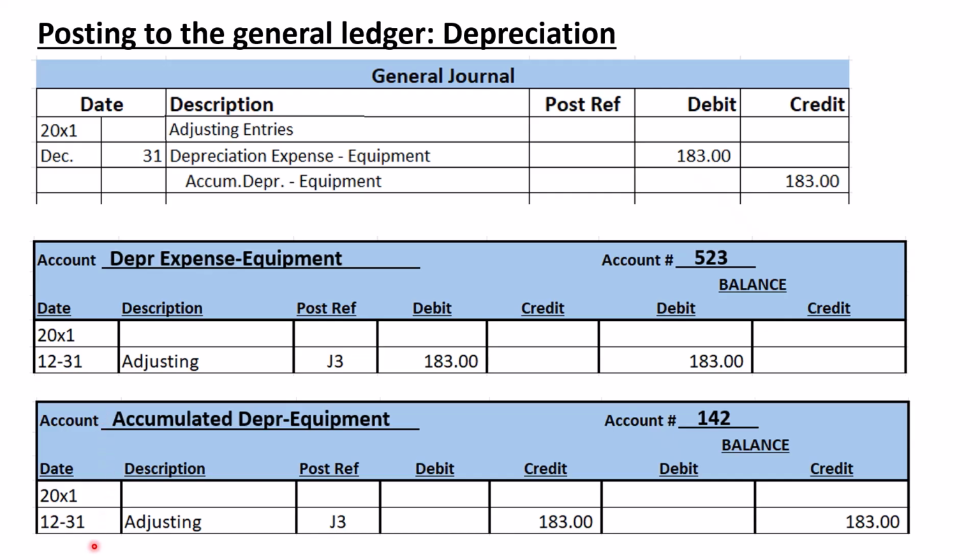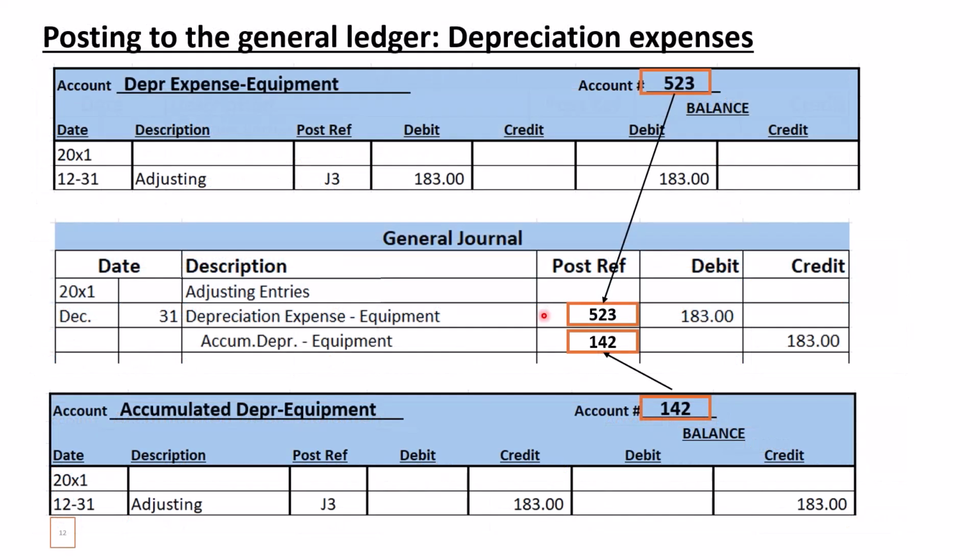Let's write the date into the date column, "Adjusting" into the description, J3 into the posting reference column, and $183 into the credit column. This account has no prior activity because the balance before entering this transaction is blank, and therefore the new balance is $183. Once the entry is posted, we update the posting reference column of the journal entry to show the account number 523 for depreciation expense and account number 142 for accumulated depreciation.